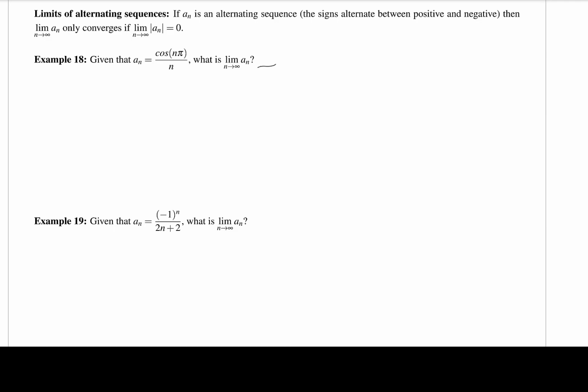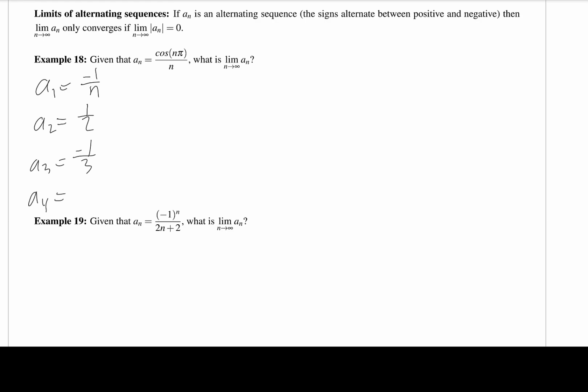So actually, I'm really not sure why I put it in there. So this is probably why I put it in there. If we look at a sub 1, this would be cosine of pi over 1, so that'd be negative 1 over 1. If I look at a sub 2, this would be cosine of 2 pi over 2, so it'd be 1 over 2. A sub 3 would be negative 1 over 3.